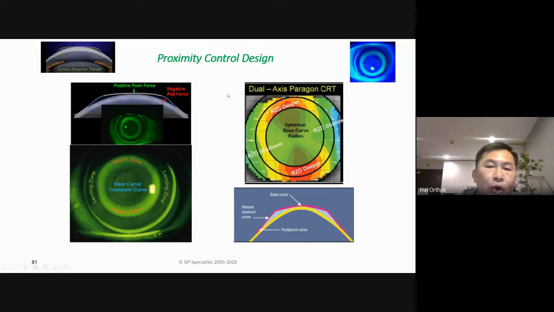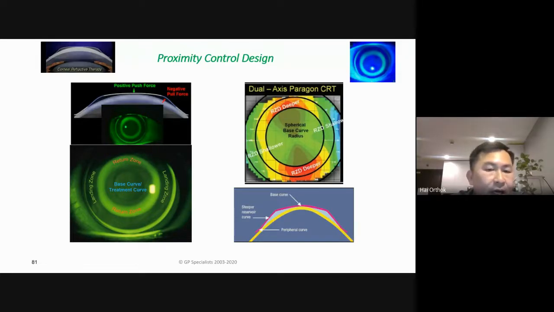Then it can open the landing zone angle in order to provide more tear, or reduce the tear, to have the centration. Secondly, the design has a very big optic zone and a very large returning zone depth, which also helps to provide a very good tear under the lens.